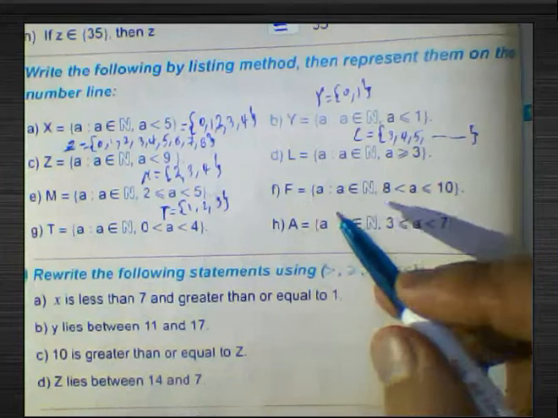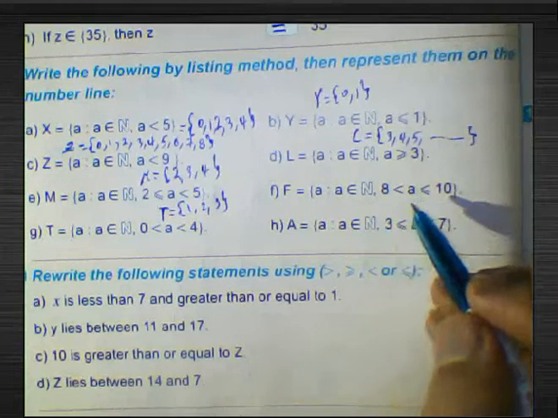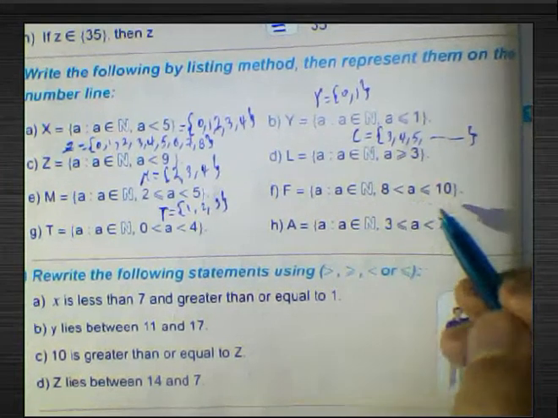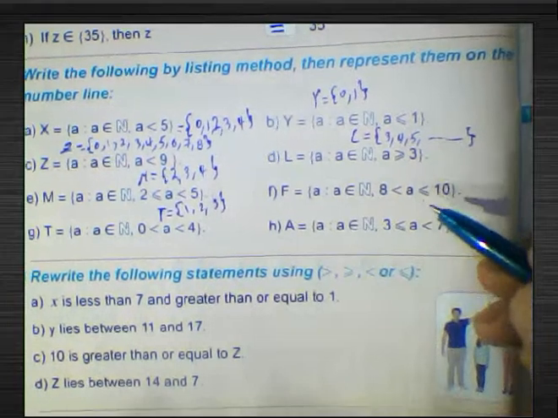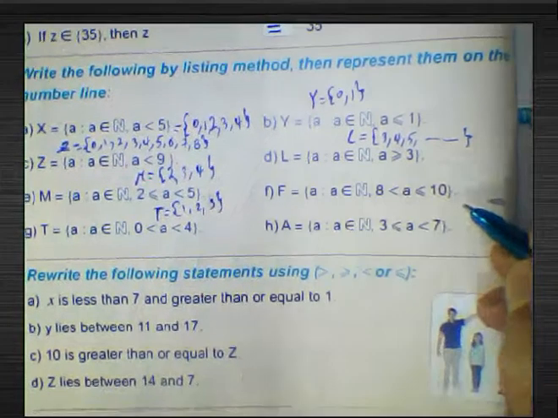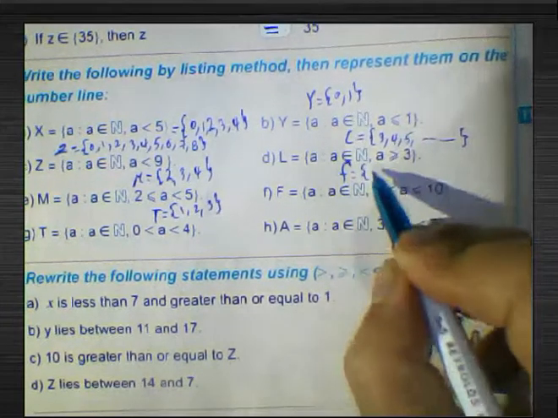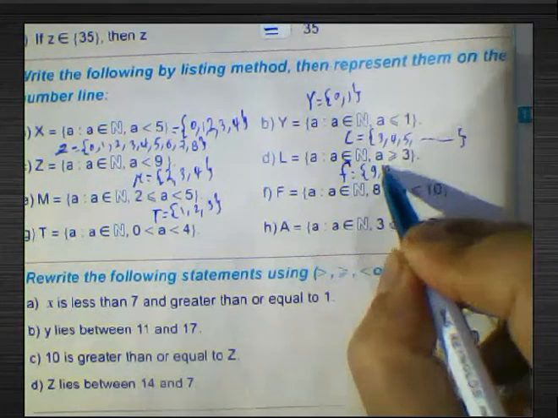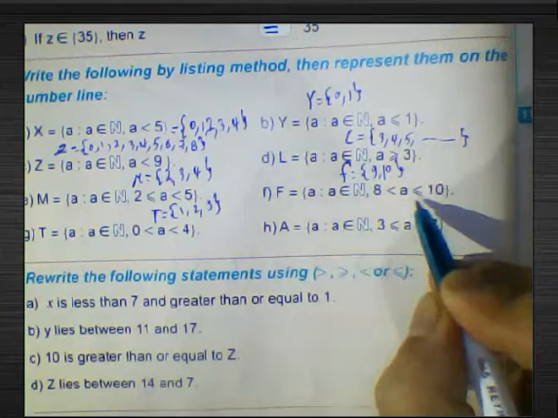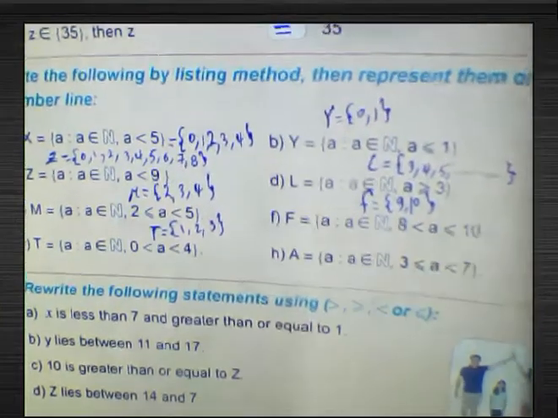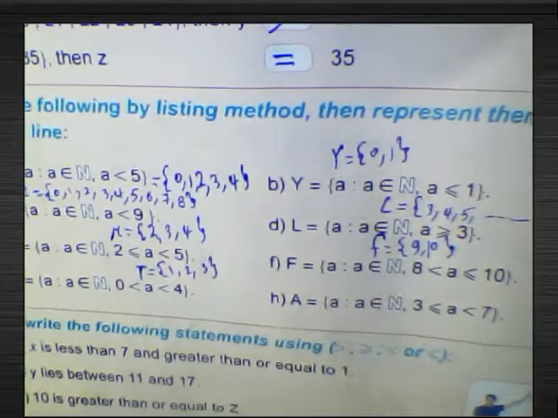F equals set of A such that A belonging to n, A more than 8, less than or equal to 10. So F equals the set of 9 and 10, because we have this sign. Can you solve it? Can you see? It's easy, it's clear for you.